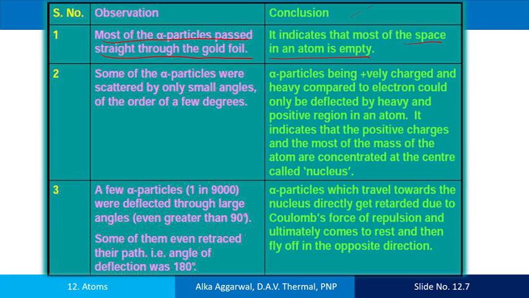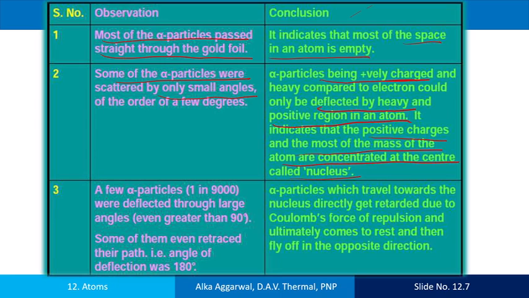Second observation: some of the alpha particles are scattered by small angles. It shows that alpha particles, being positively charged, are deflected by a heavy and positive region in an atom. It shows that positive charge and most of the mass of the atom are concentrated at the center, called the nucleus.